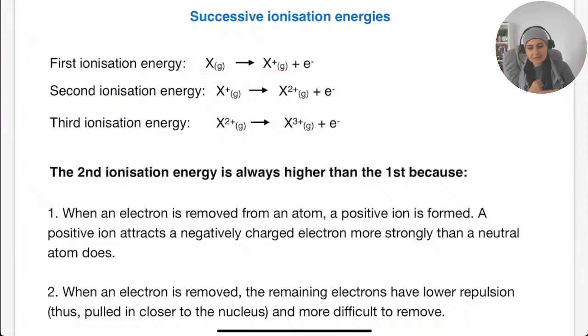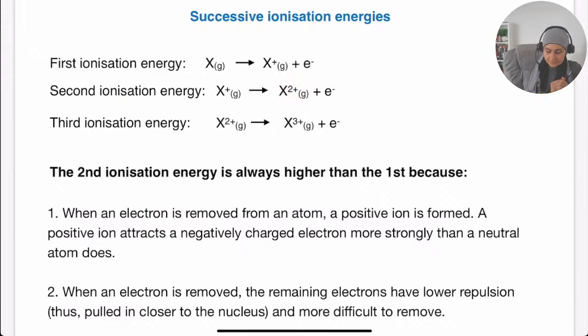Then the second ionization energy is when you remove the second electron from whatever was left: X plus gas goes to X2 plus and an electron, and so on. So the number of the ionization energy corresponds to the oxidation state, or the charge on the ion that you're forming.